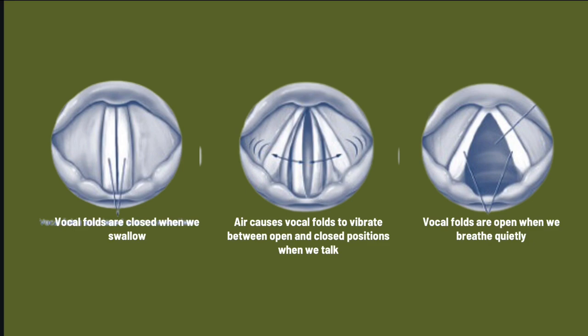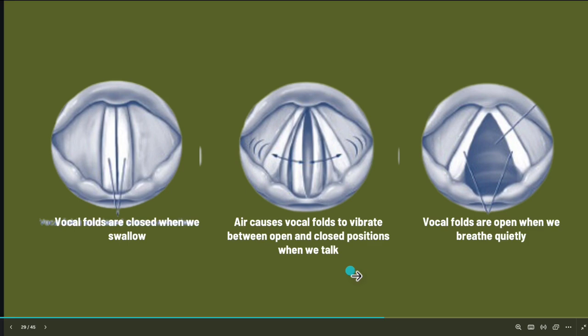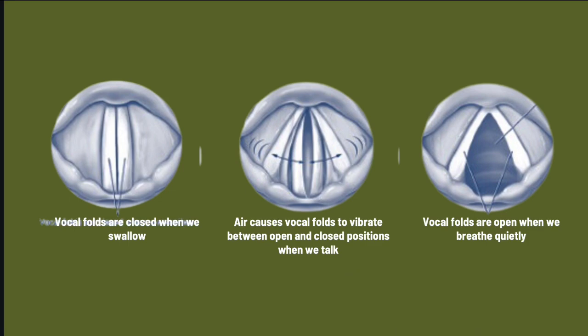Now I'm re-explaining this, rephrasing it at the same time with different illustrations, because this is very important. Now for the second position, the vibrating position, you should immediately think of voiced sounds.